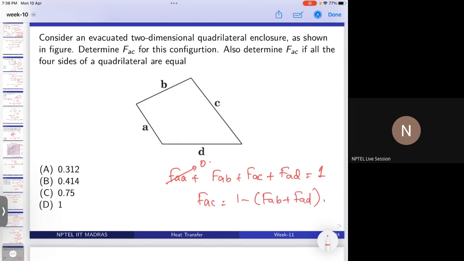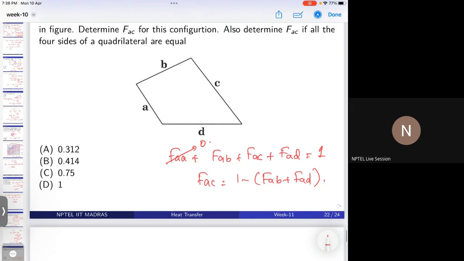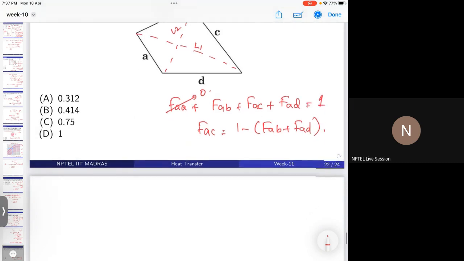I am dividing this into two different types of triangles. This is L1, I'm connecting it diagonally. This is L2.